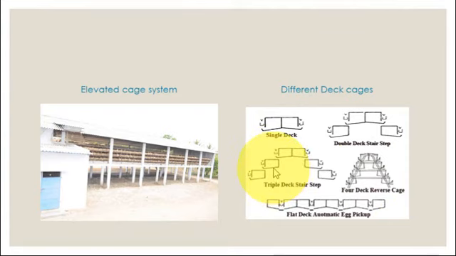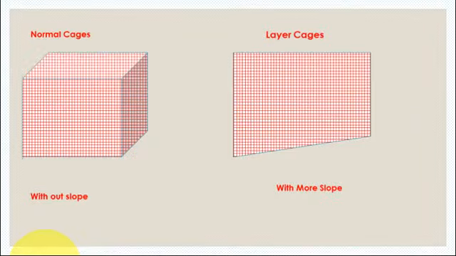If we accommodate more birds in one row, the birds need to wait for feed. Here it is a normal cage with more slope, meant for layers only. With this slope, when the egg is laid, it automatically comes into the egg collection tray.